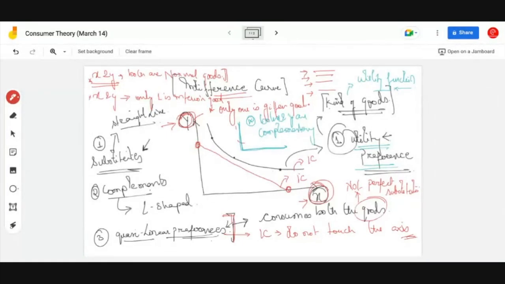So a and b are constants that give you what quantities of goods are required for the satisfaction, for the consumption. Sir, and why are we adding here? Because they are perfect substitutes. It doesn't matter whether you want to consume good X or good Y.